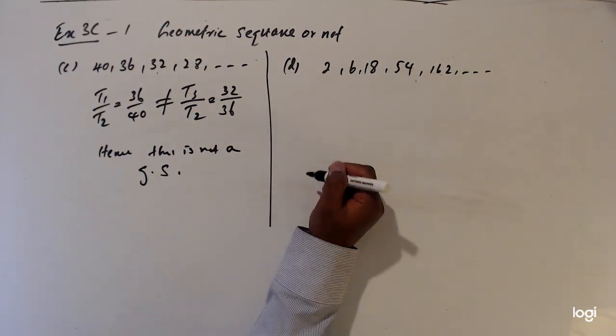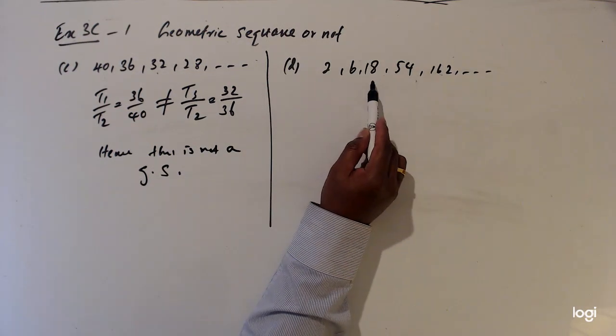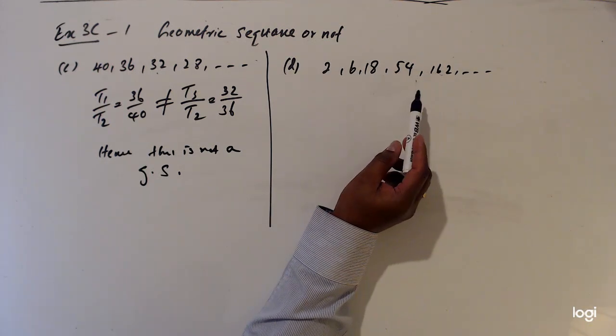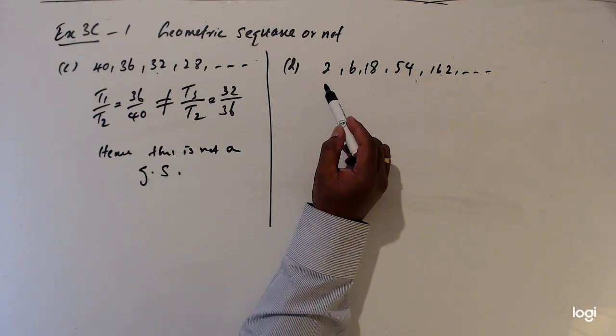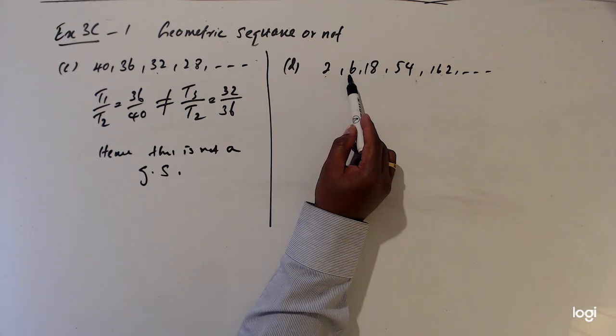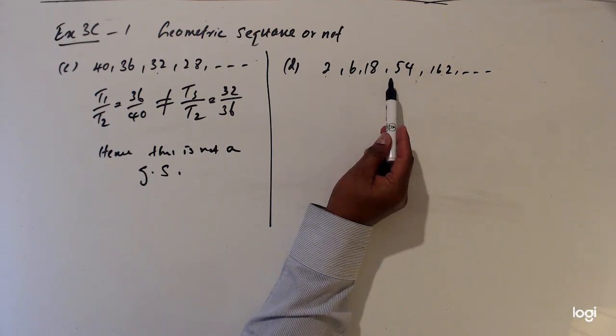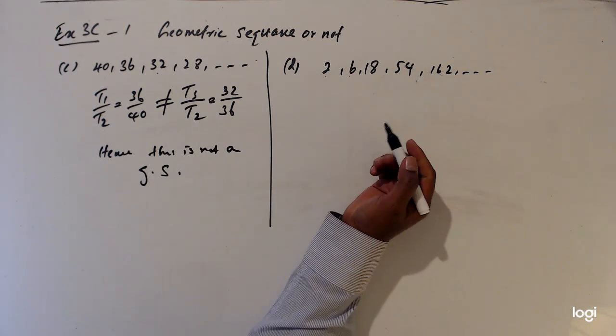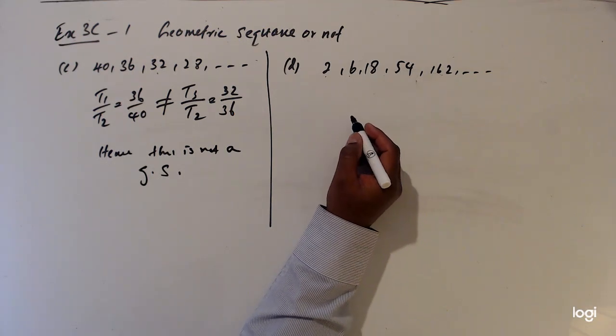Question part D, 2, 6, 18, 54, 162. When you look at this one, you can see 2 times 3 is 6, 6 times 3 is 18, 18 times 3 is 54. So basically it has the same ratio.